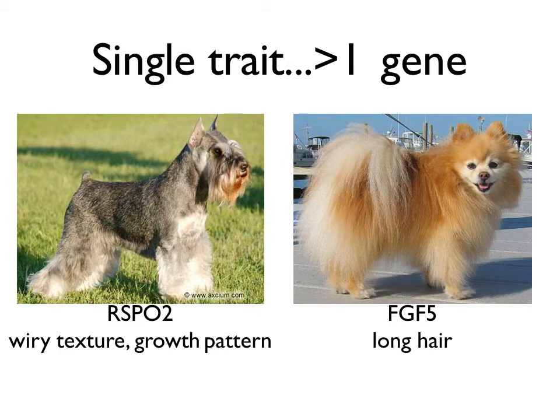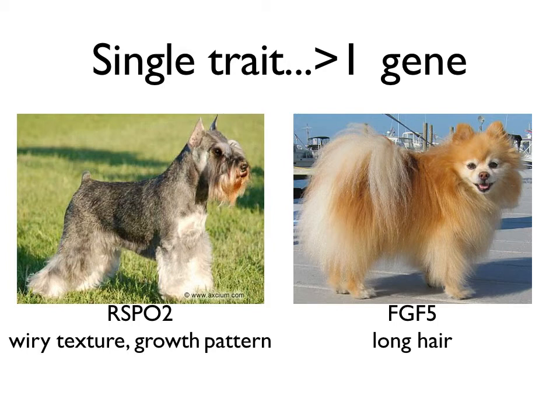Now, some traits, for example, the hair in these dogs, are controlled by multiple genes, and there are multiple alleles for each of those genes. And so the combination of the alleles for these different genes is quite important in the expression.